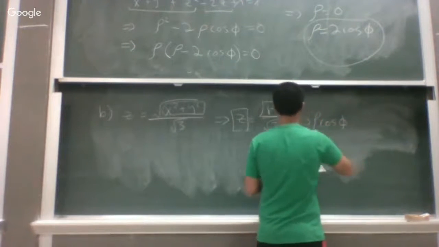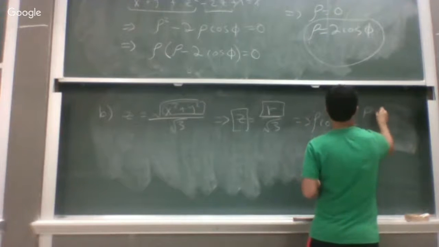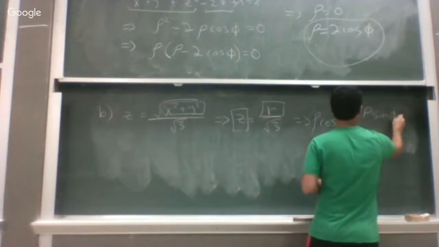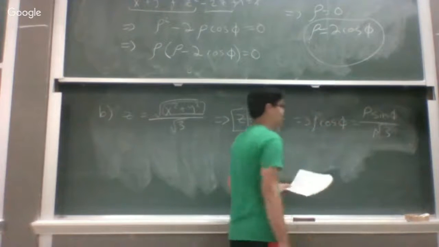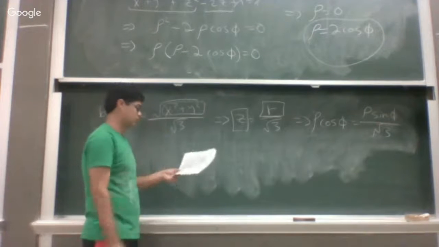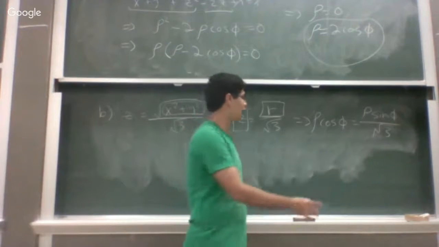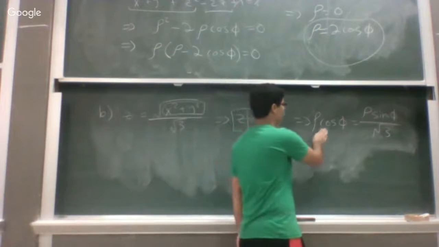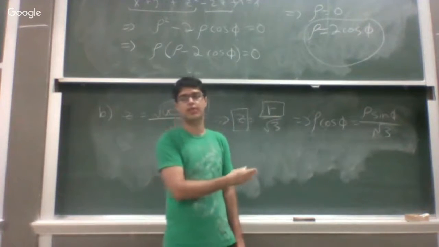Rho cosine of phi equal to r is equal to what? Rho sine of phi, and we are dividing everything by square root of 3. So again, we have everything in terms of rho, phi, and theta, but you can simplify it right now.